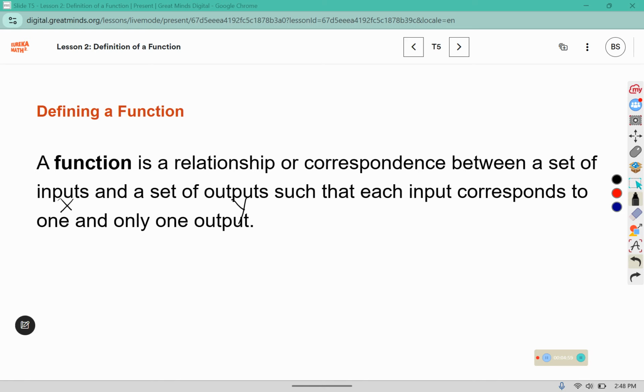You can only be in one spot. Each input, each x value has its own y value. You can't have 1, 4, and 1, 16, because 1 has to only have one output that matches.